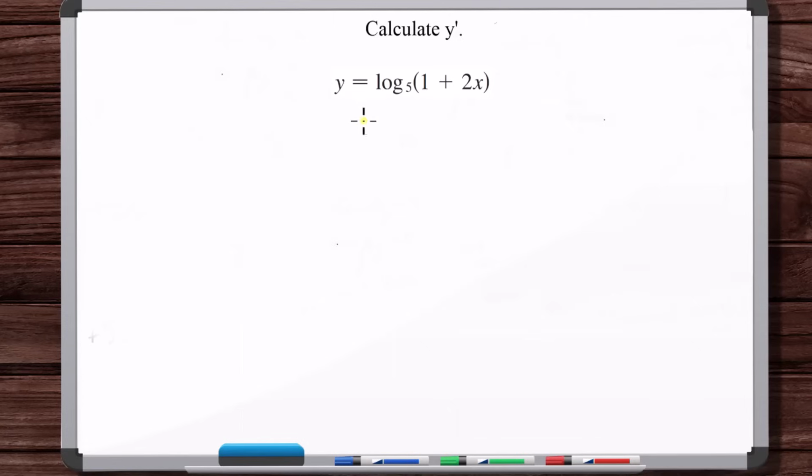So the derivative of log base 5 of some function of x is, we've got, times the derivative of that something. What is the derivative of 1 plus 2x? 2. So that's the derivative.